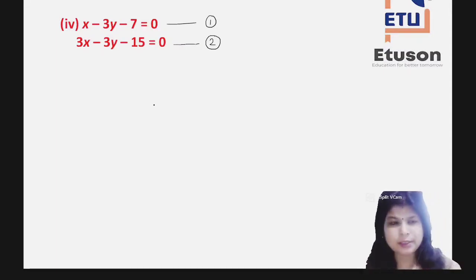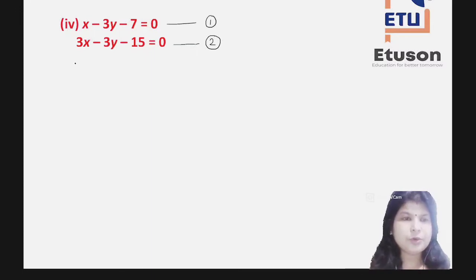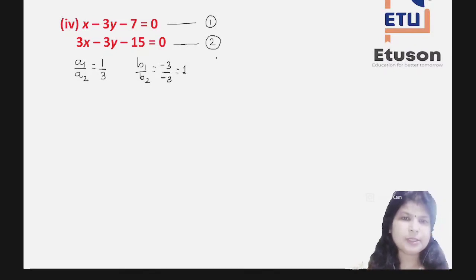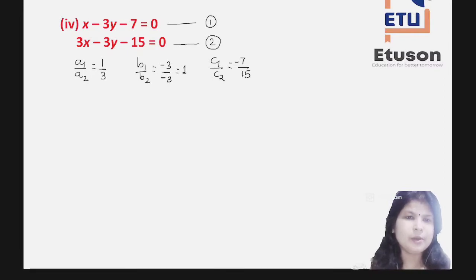So let us find out the ratio of the coefficients of the variables and the constant. a1 by a2 is equal to 1 by 3. Correct or not? b1 by b2 is equal to minus 3 divided by minus 3, that is 1. Correct or not? What is the value of c1 by c2? c1 by c2 is equal to minus 7 by 15. Correct or not?